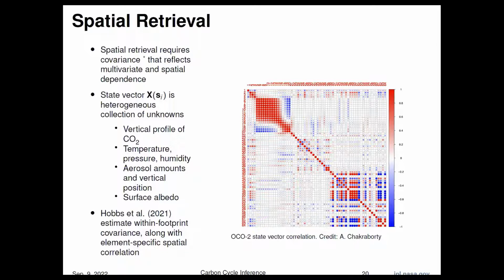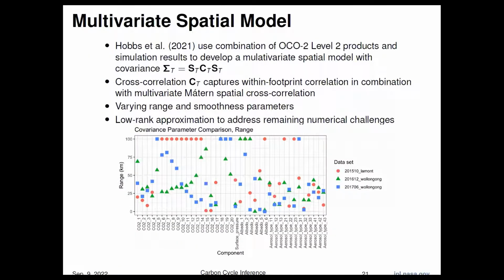In this work on the spatial retrieval, we also attempted to estimate the magnitude of the spatial dependence for the different elements of the state vector within these small areas. That's illustrated at the bottom of the slide. Along the x-axis are different elements of the state vector, and what's plotted is an estimate of the range parameter in, say, a Matern covariance model for OCO2 data for those different elements.